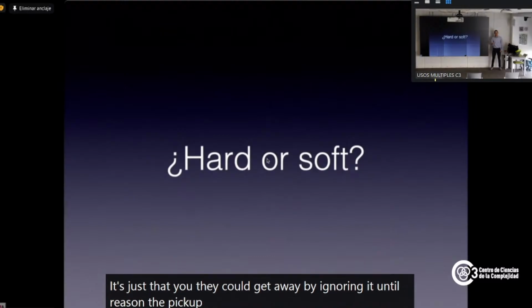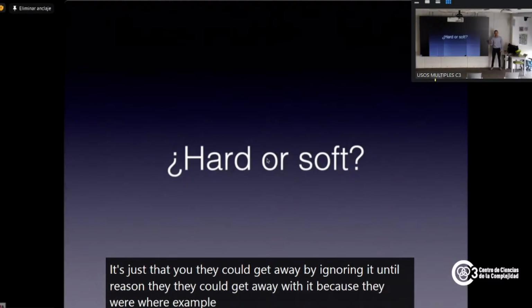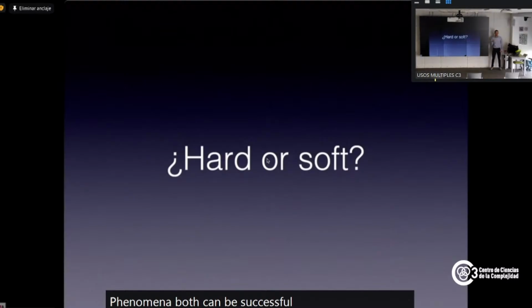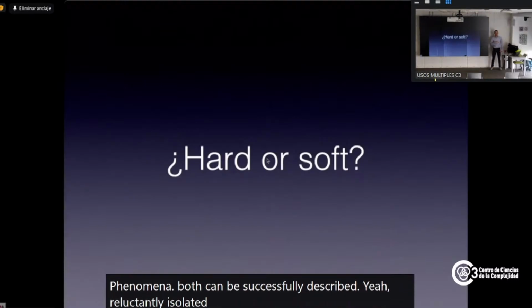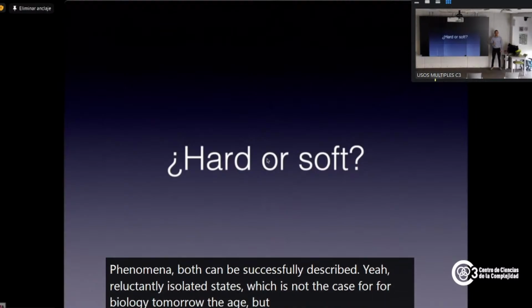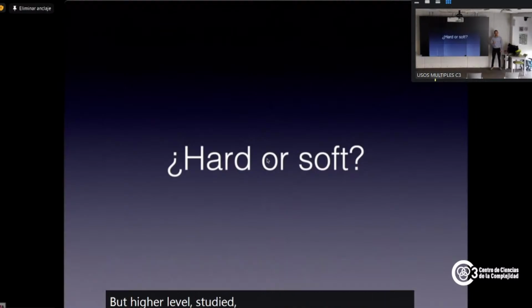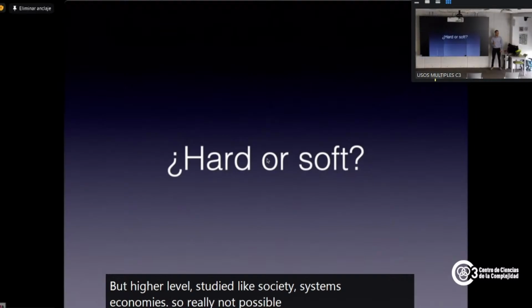They could get away with it because there were examples of phenomena that can be successfully described in relatively isolated states, which is not the case for biology. It's somewhere on the edge, but at higher levels of study like societies, ecosystems, economies, cultures, it's already not possible.